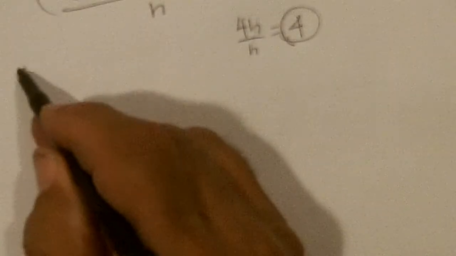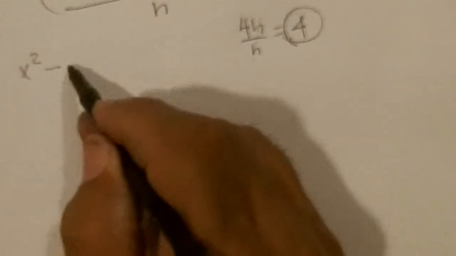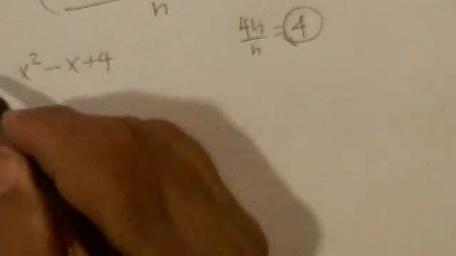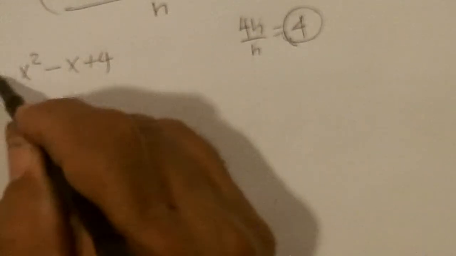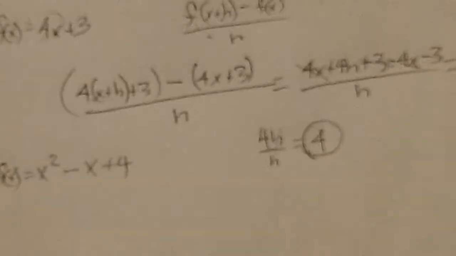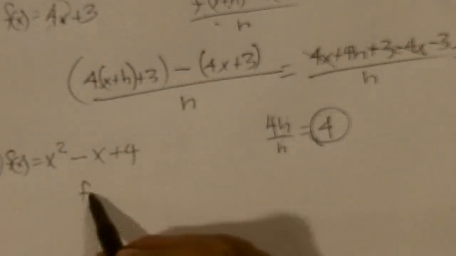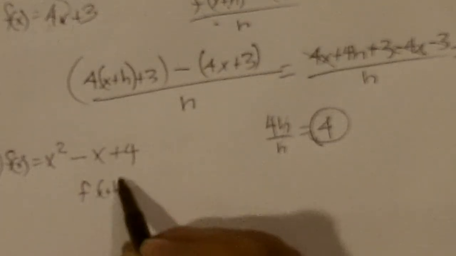And 83. Difference quotient for x squared minus x plus 4. So we've got to do f of x plus h.